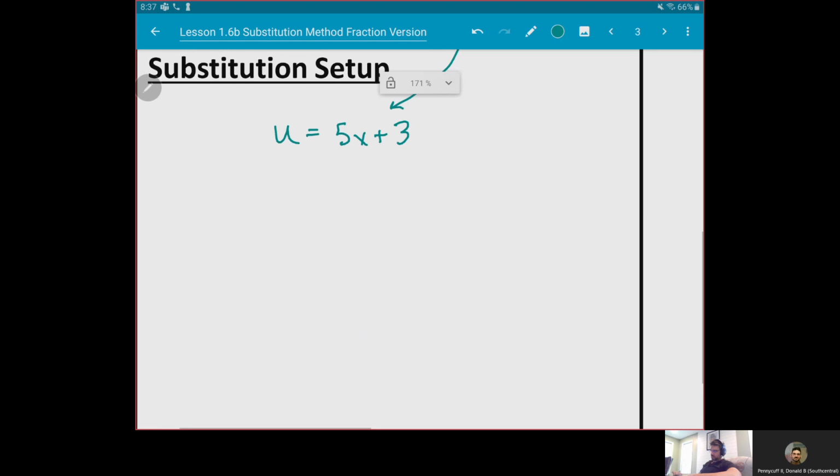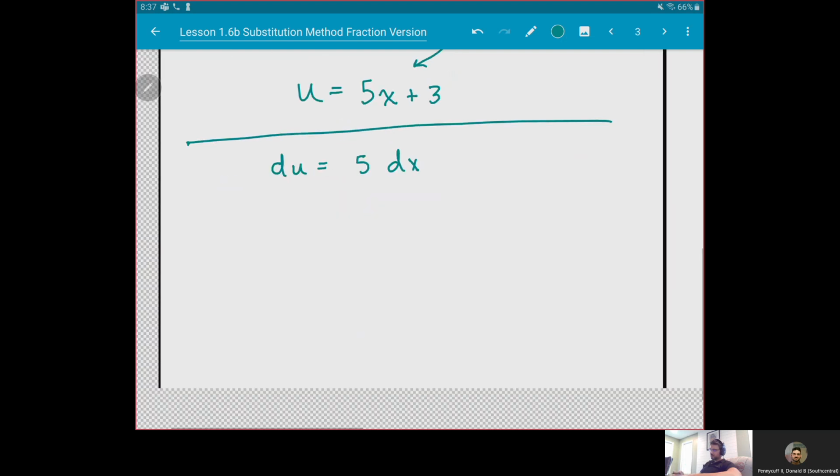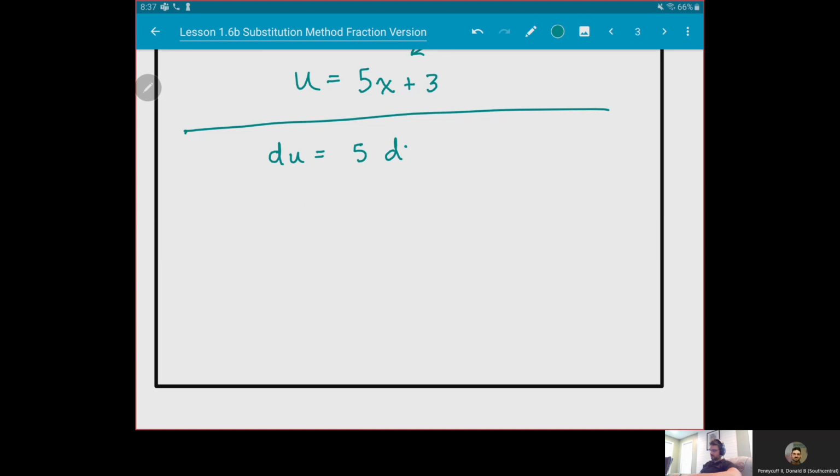So that's a horrible looking 5x plus 3. Here we go, 5x plus 3. All right, so now that is completely gone. I'll do my same du equals 5 dx. That stuff, this whole part right here does not change.